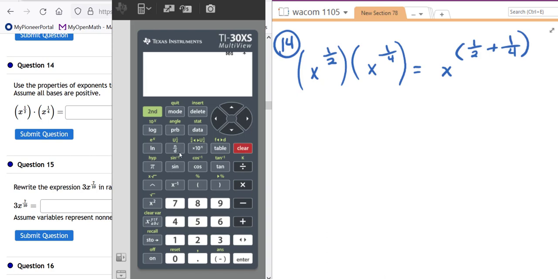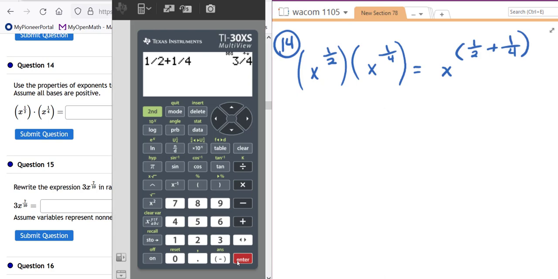Let's see, this calculator has a fraction button, and I don't have it in the multi-view mode. I have it in the mode like the other calculators. So for me to enter, I'm going to do 1 fraction button, 2 plus 1 fraction button, 4, enter.